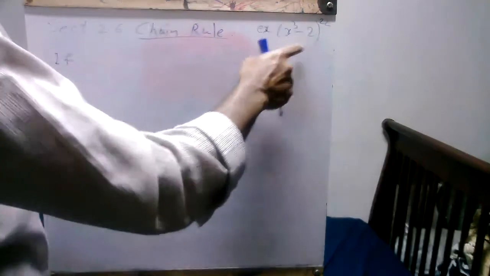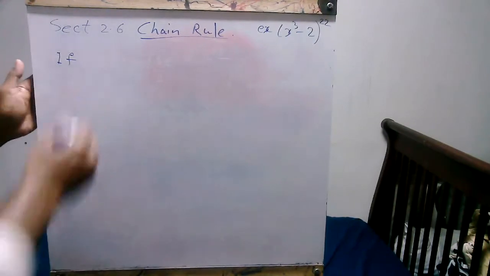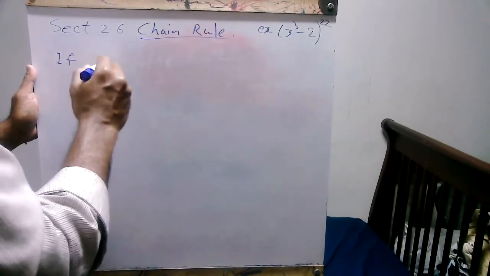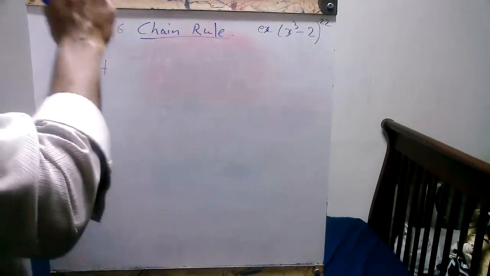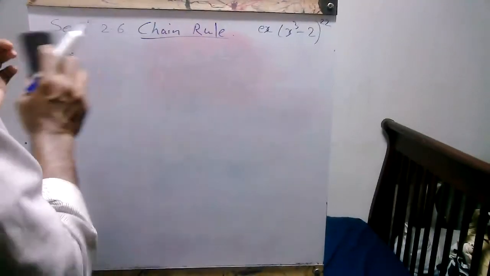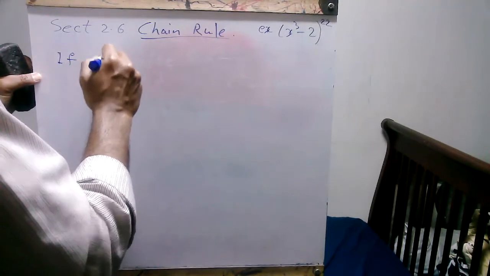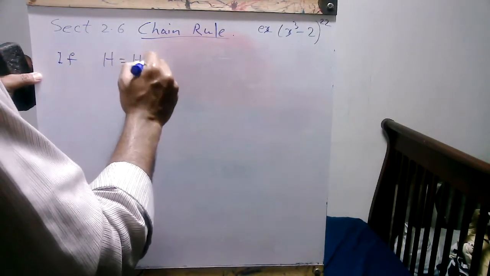Okay, I'm thinking, should I do the example straight or learn the chain rule first? No, let's learn the chain rule first. First I should define this function. So let's assume h is a function of x.